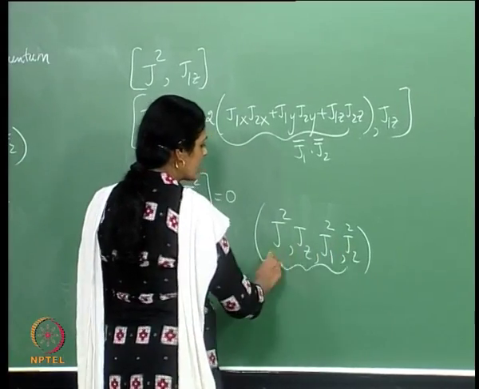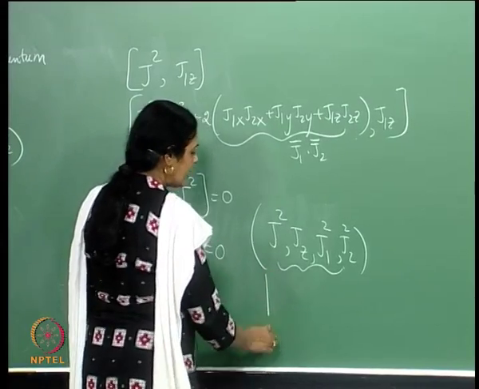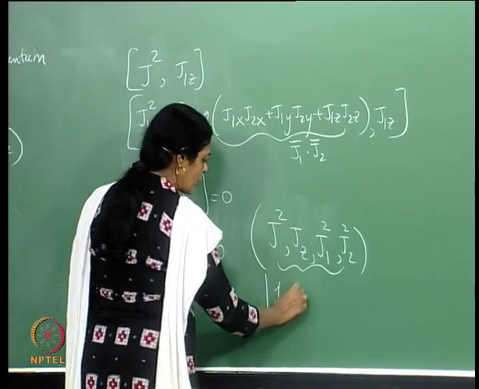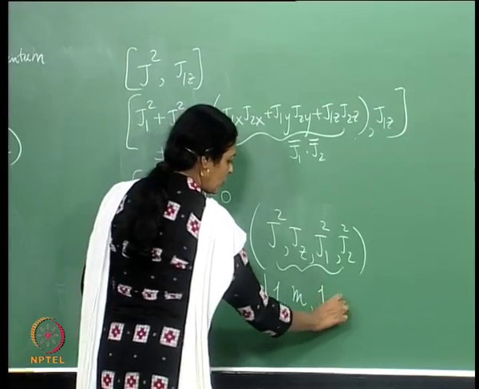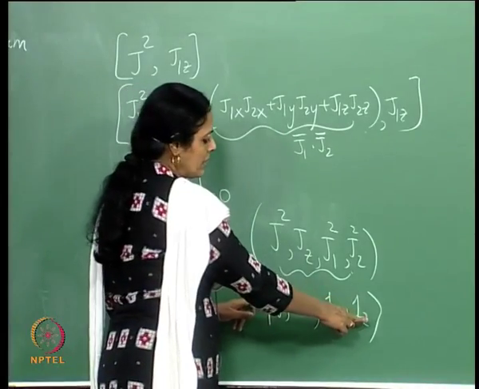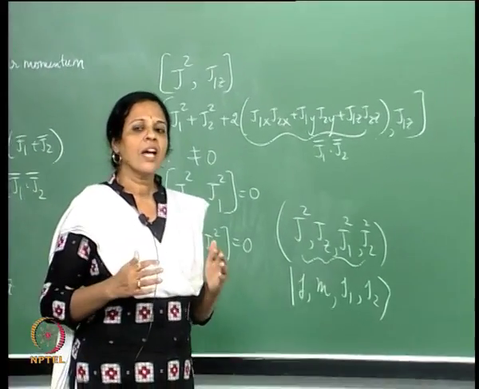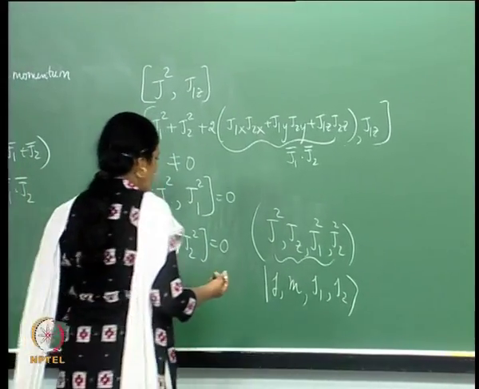In this case, since these four operators commute with each other, I can label my state as j, m, and of course j1, j2. This would be the manner in which I would label the basis states when I look at the coupled basis.